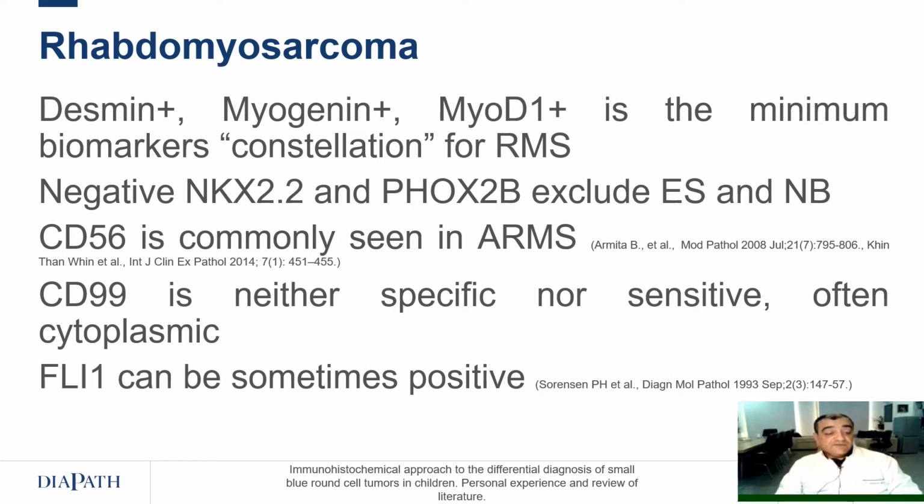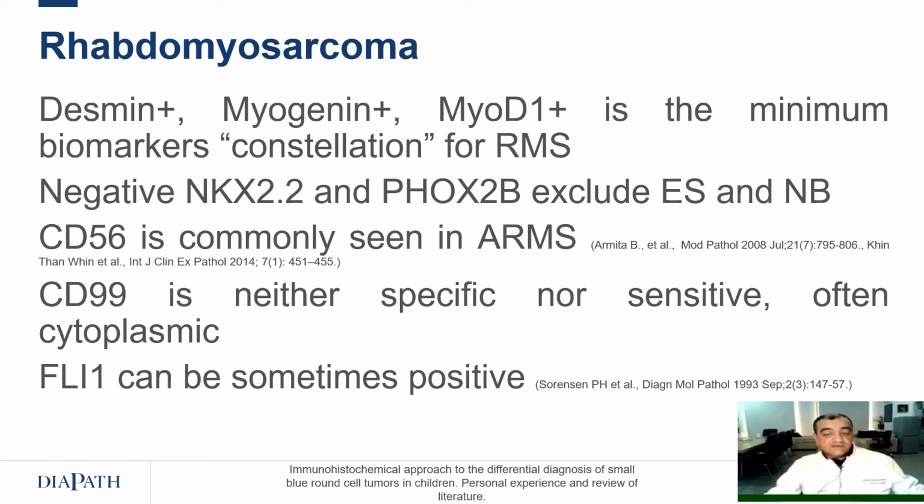As for CD56, it must be remembered that there are clinical research data and publications that show that CD56 can be really positive in cases of rhabdomyosarcoma, especially the alveolar type, and this must be remembered by pathologists and residents also.